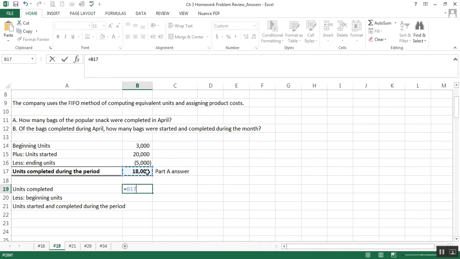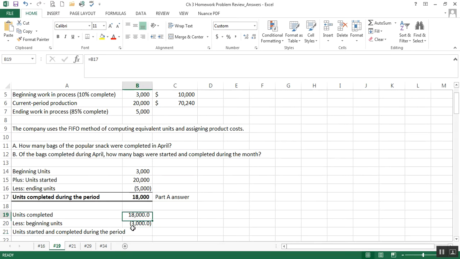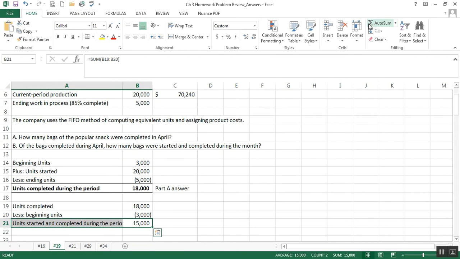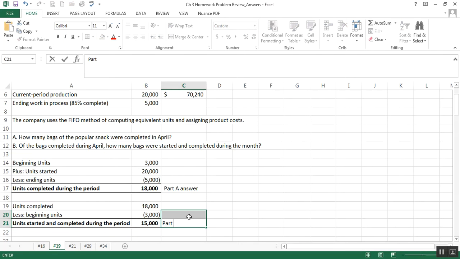So 18,000 from here, and we're going to subtract our beginning inventory of 3,000, which gives us units started and completed during the period of 15,000. And this is your Part B answer.